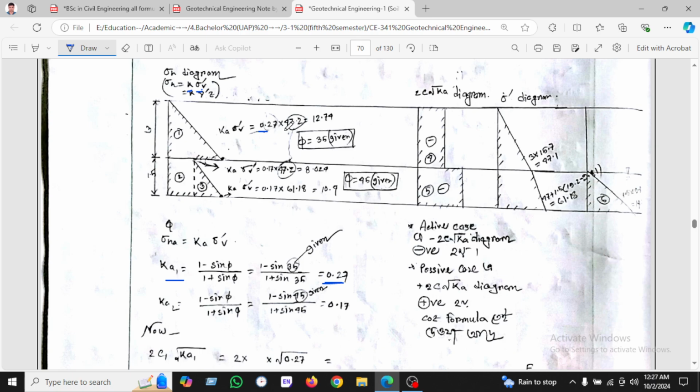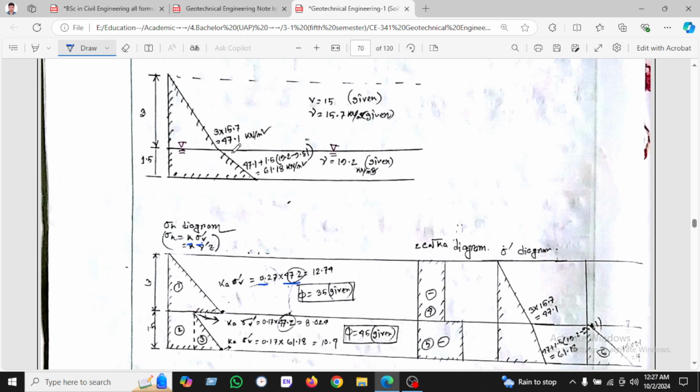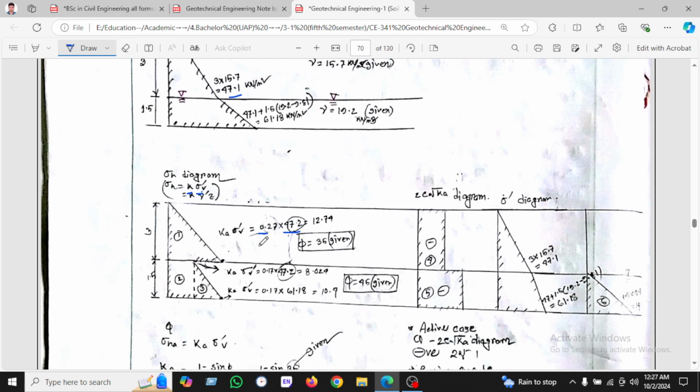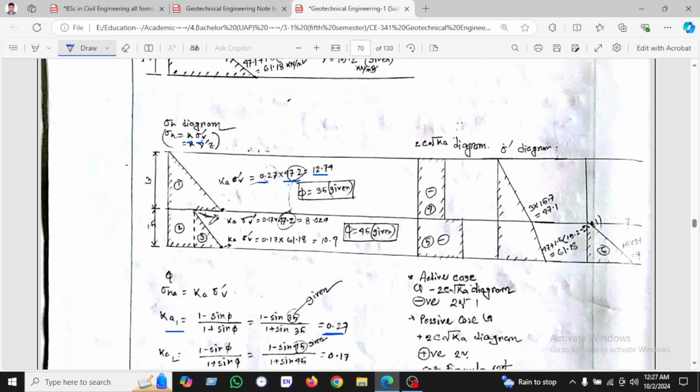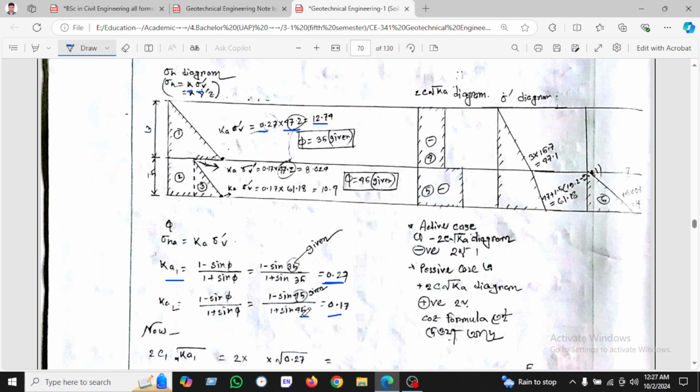So 0.27 into 47.1 and found 12.75, and here is 20.75. For the second point we can see 0.117, where the second angle is given, taken 45 and found 17 and 47.5, which is the lower value 4.2.